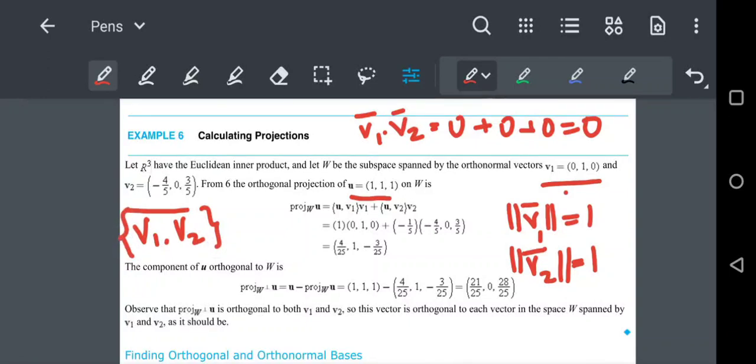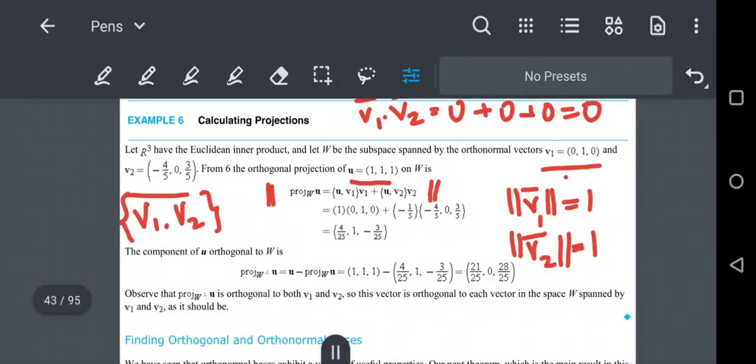If it forms an orthonormal basis, then we can write the projection of u in w. The formula from the previous theorem is: projection of u in w equals inner product of u comma v1 into v1 plus inner product of u comma v2 into v2. When you take the inner product between u and v1, you get 1 into 0 is 0, plus 1 into 1 is 1, plus 1 into 0 is 0. On the whole, you get 1 here.